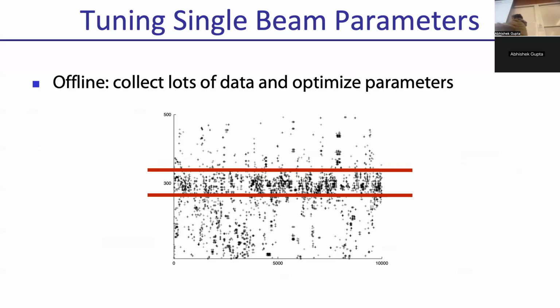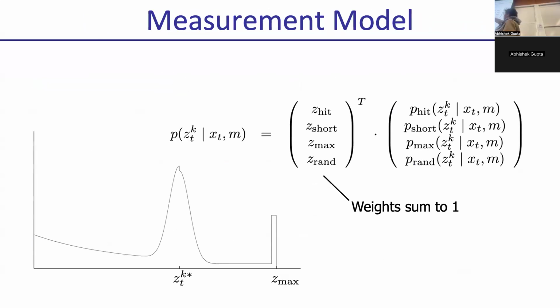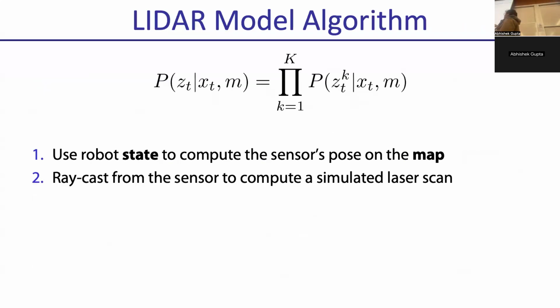So imagine that you were in a motion capture cage, you knew exactly where you were, or you recorded by hand, but then you record what the LiDAR does, and then you try to fit the parameters of those 4 different z values, z hit, z short, z max, and z rand, that best explain the data that you actually see, right?